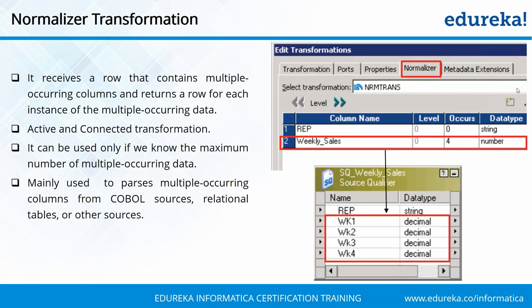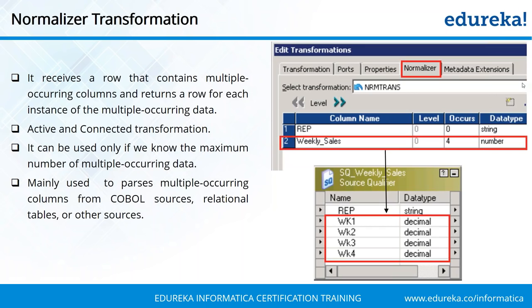But one thing to remember is that if you're using the normalizer transformation, you need to be aware of the maximum number of times this multiple occurring instance will happen. So let's say if you wish to normalize the address column, then you need to know how many times the address column is going to come. Now generally a question that is asked with respect to normalizer transformation is how do you use normalizer transformations for COBOL file?